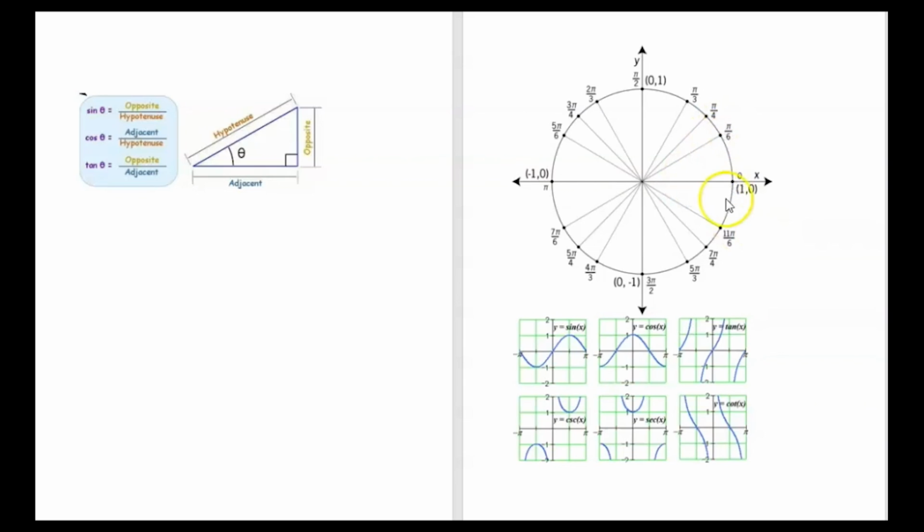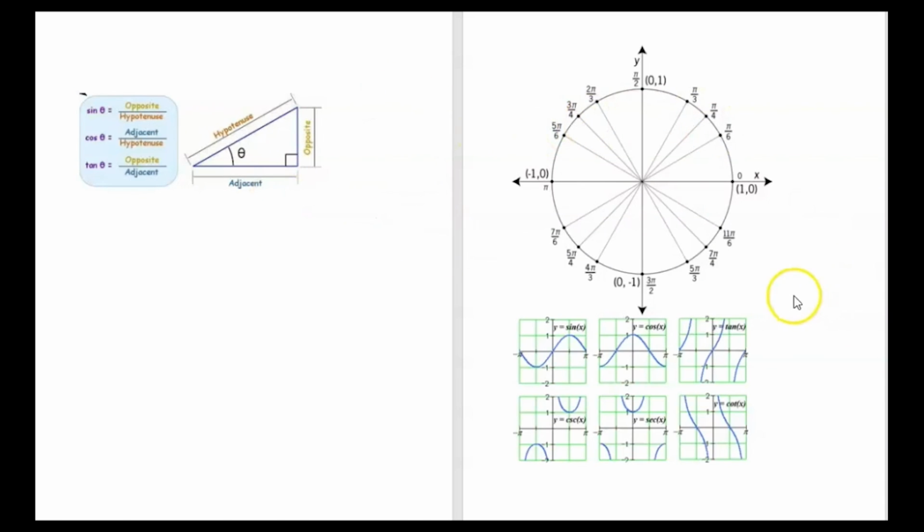So let's go over what sine means. Sine on a triangle is the opposite side over the hypotenuse. The cosine is the relationship between the adjacent side and the hypotenuse. And the tangent relationship is the opposite side of the angle and the adjacent side of the angle.